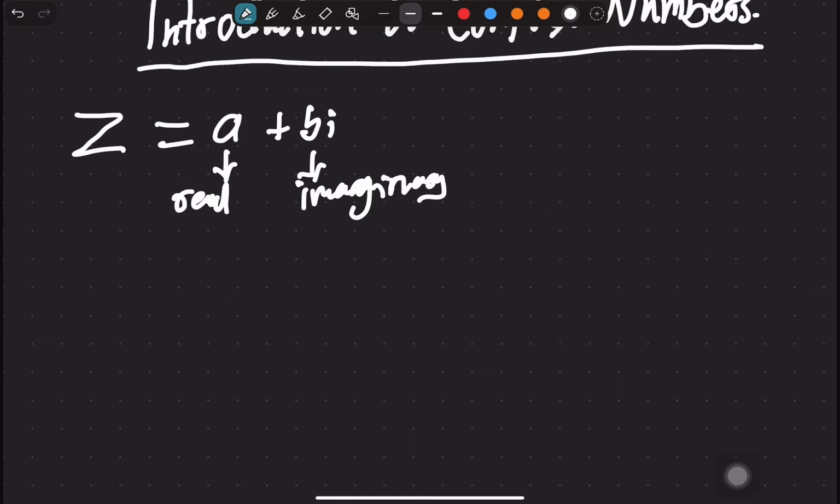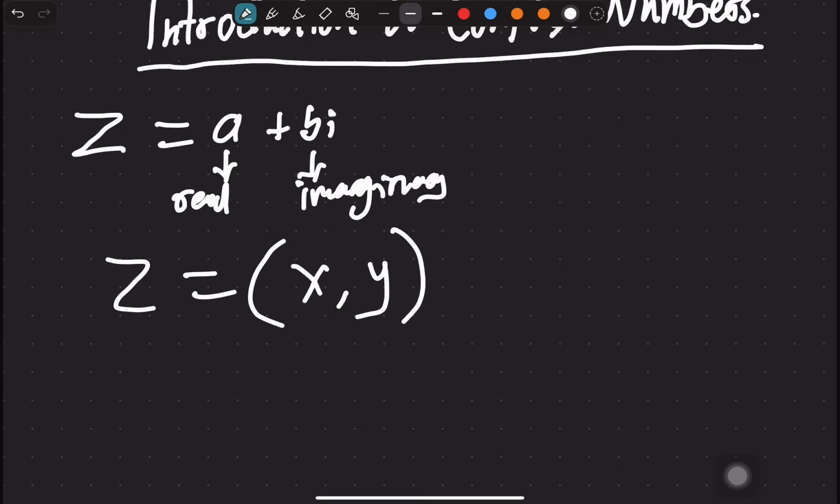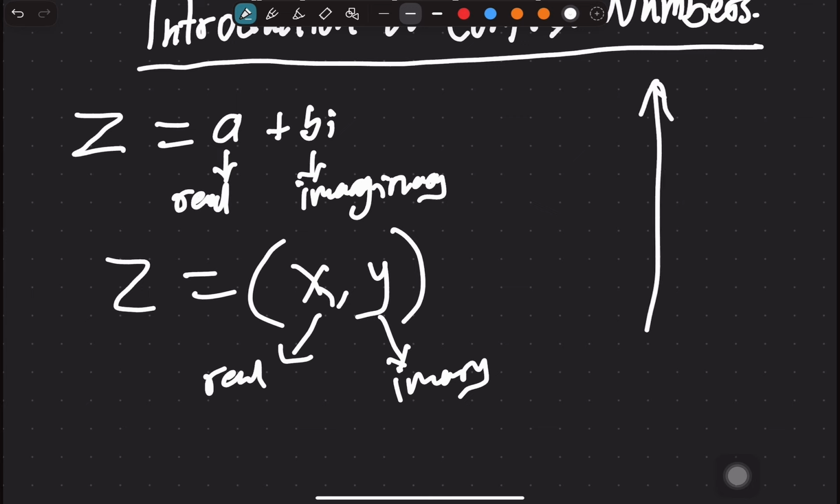Now, complex numbers can be represented in the coordinate form. So we can have x and y. So x here represents the real component and y here represents the imaginary component. In the same fashion, when a complex number is represented on the Cartesian plane, the real component is the horizontal axis or the x-axis, and the imaginary axis corresponds to the y-axis.